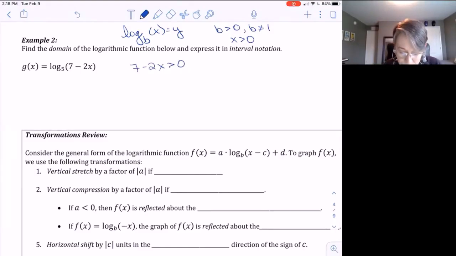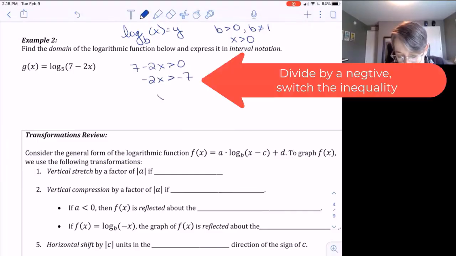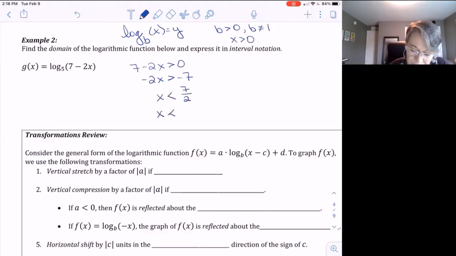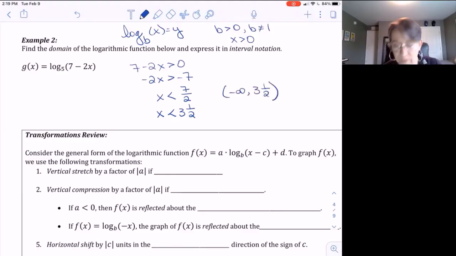So we can solve this inequality. We can subtract 7 from both sides. And remember, when we divide both sides by a negative, we have to switch our inequality sign. So we have x less than 3.5.